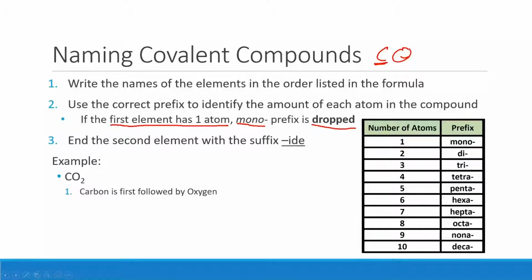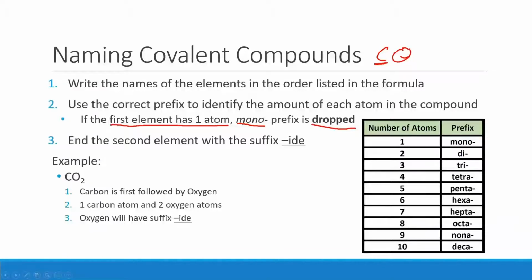Then all you need to do is look at the subscripts and see how many of each atom there is. For carbon, there's an invisible 1 under it, so that would be 1 atom of it, and for oxygen, there's a 2 under it, so that would be 2 oxygens. And the very last thing that you have to do is make sure to change the oxygen to oxide.